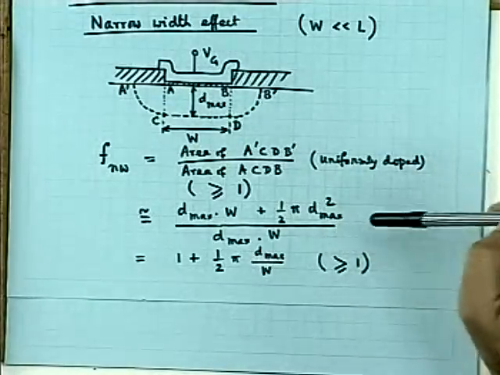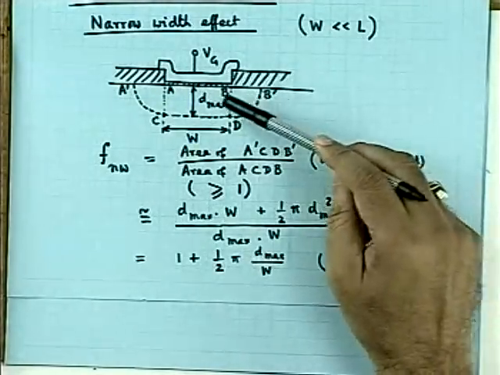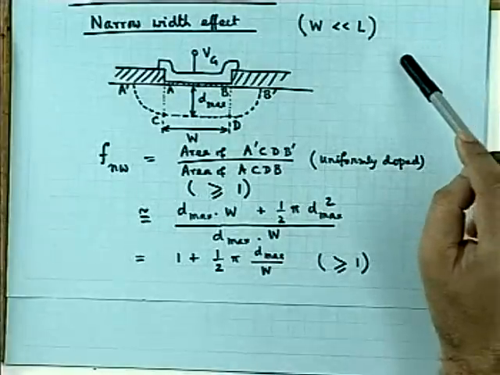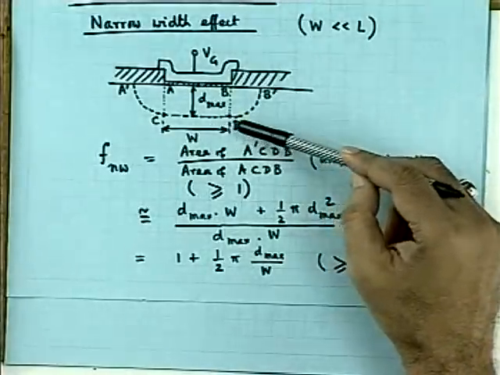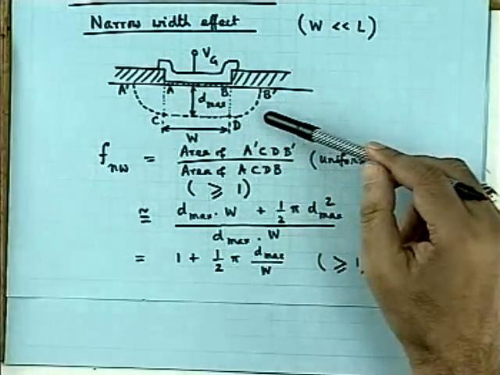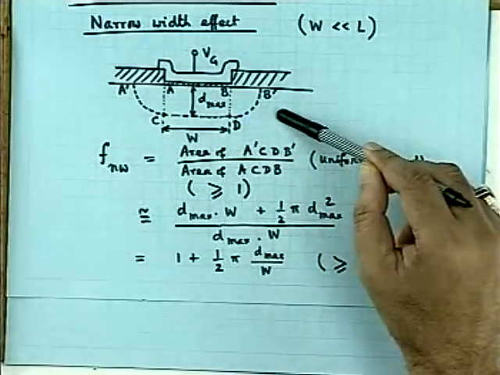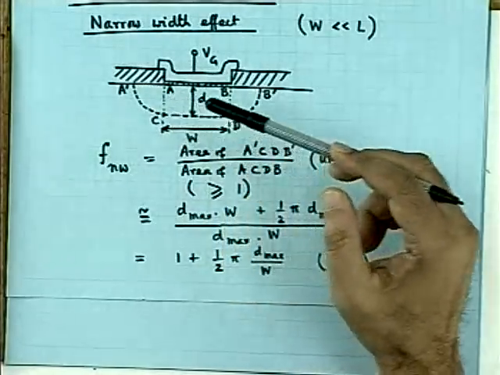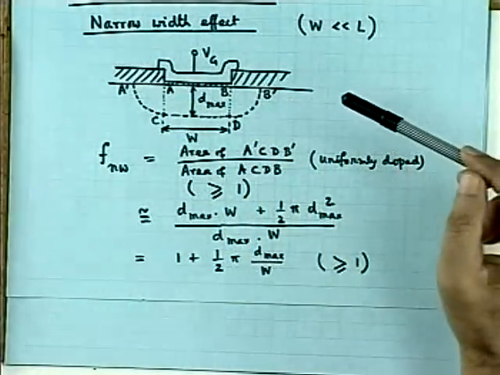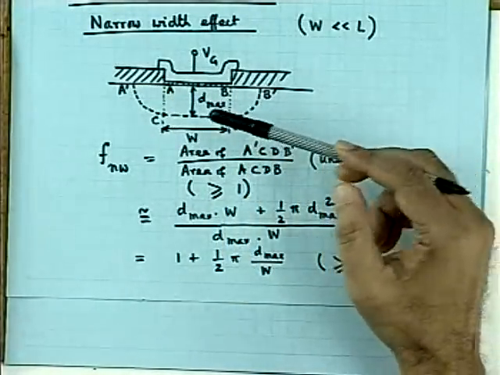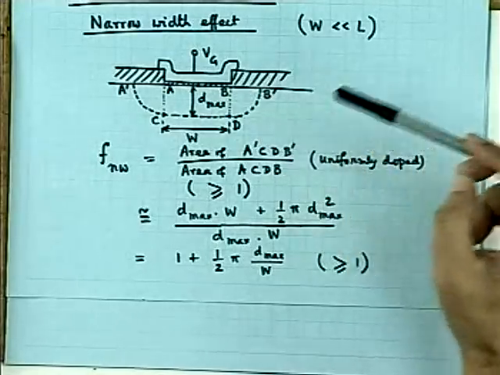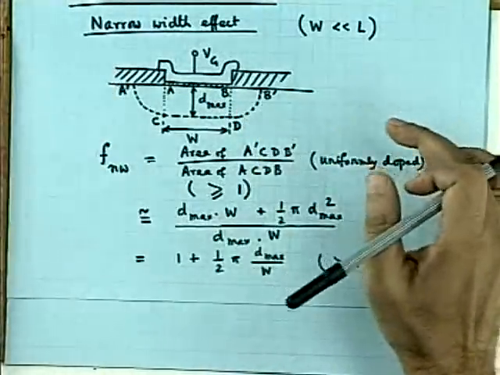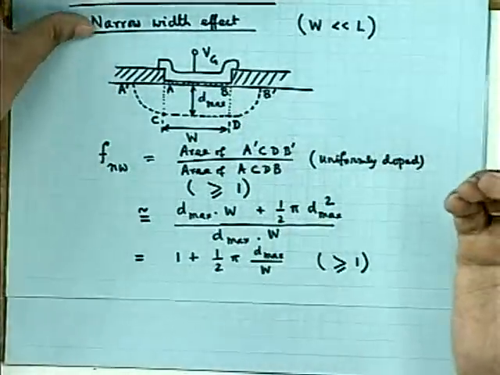Let me tell you, this model is very rough. Assuming that these two regions will be quarter circular is rather rough. In fact, one has to find out this boundary by solving the 2D Poisson's equation. That will give you a boundary which is roughly elliptical shaped, not a circular shaped boundary. But this gives you a simple formula which we prefer.